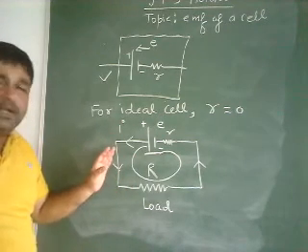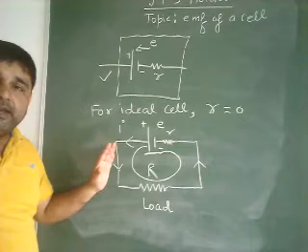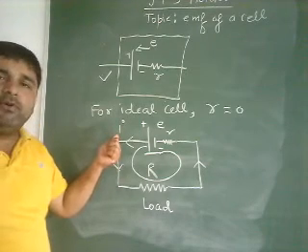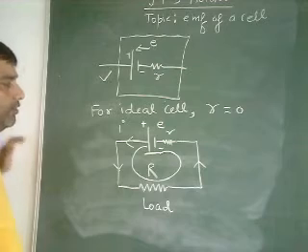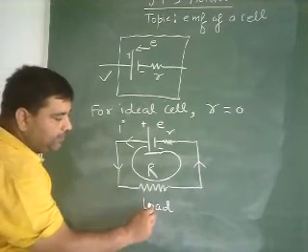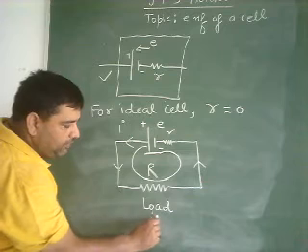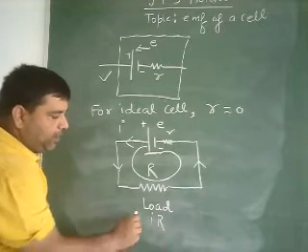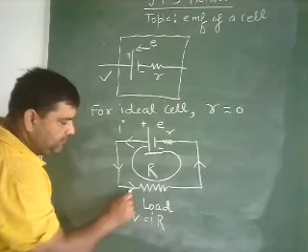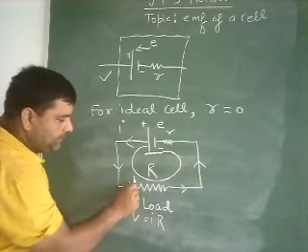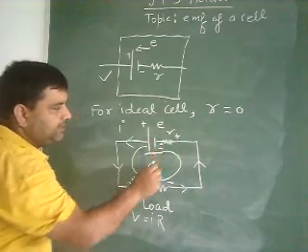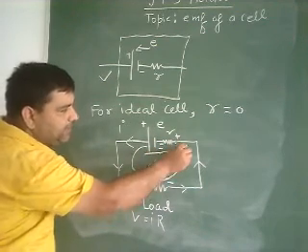If you use KVL, Kirchhoff's voltage law, you can have the value of circuit current. You see, when current I flows through R, your load, across the load how much drop? IR drop. This is positive, this is negative. Here drop is IR.